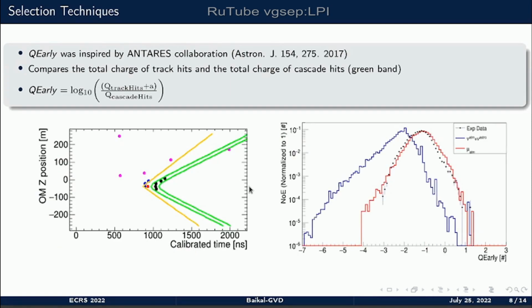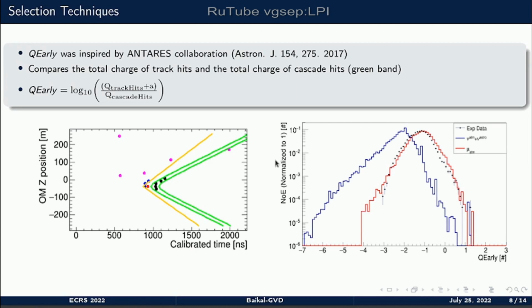Okay, after that, we used another technique which has been inspired by the Antares collaboration. It is called the Q-early technique. It also tries to discriminate between background and signal cascades, but now based on the ratio of hit charges, especially the total charge of track hits divided by the total charge of cascade hits.